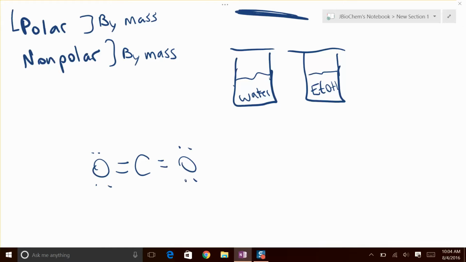Dry ice is carbon dioxide. If I put it on the table, it's going to evaporate, and it has a very high vapor pressure. Carbon dioxide would have a higher vapor pressure than ethanol because it is more volatile at any temperature than ethanol.